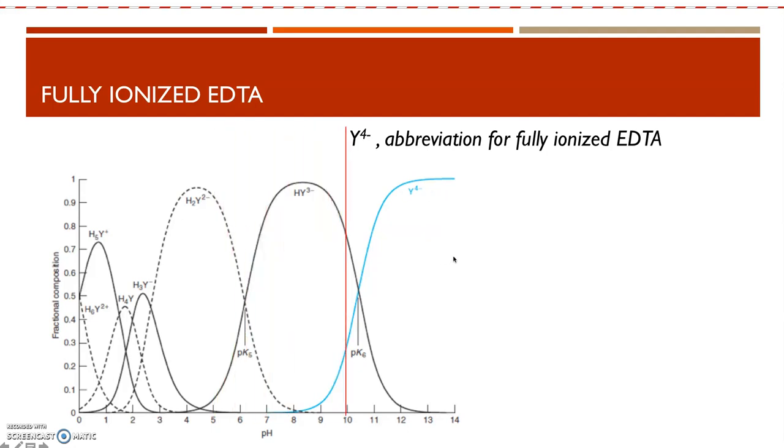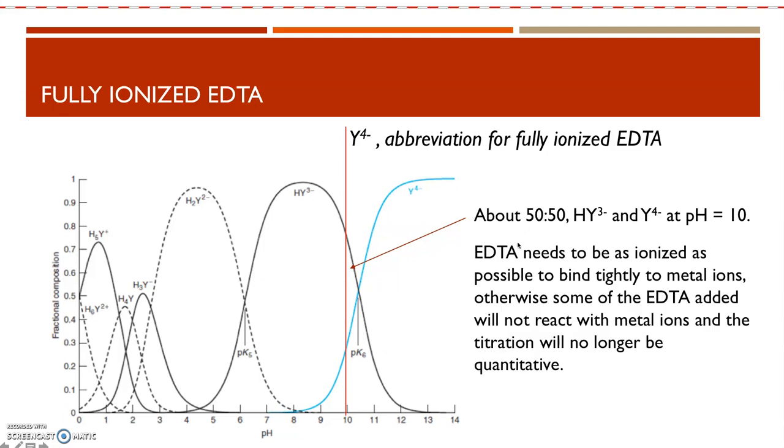We're going to pH adjust our solutions to a pH of 10, maybe a little higher than 10, so that we have a lot of HY3- as well as some fully ionized portion. We're not quite at 50-50. It's more like 60-30, 60-40, 70-30. But that will get us pretty far, so that our binding between the metal ions in solution and the EDTA molecules will be stoichiometric.